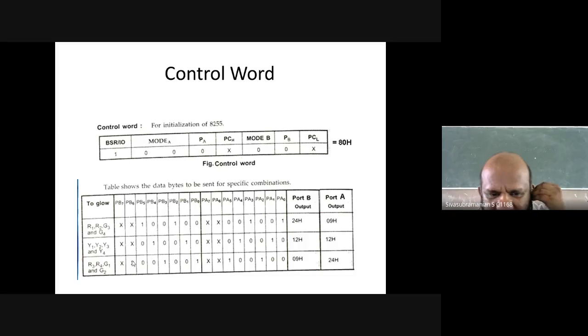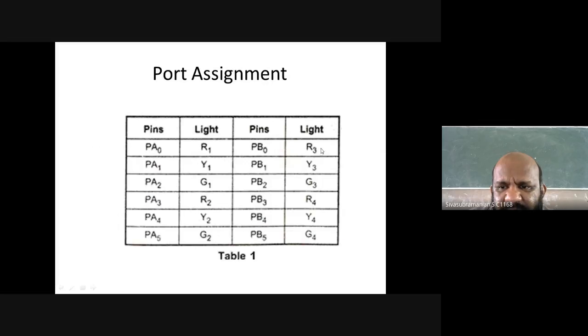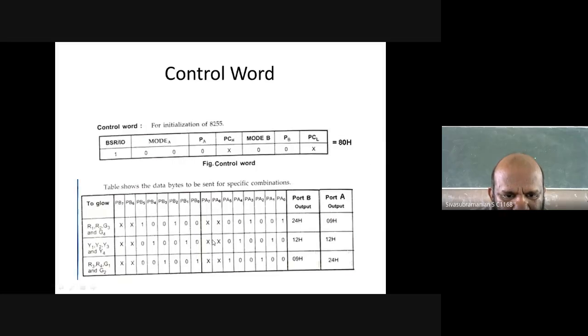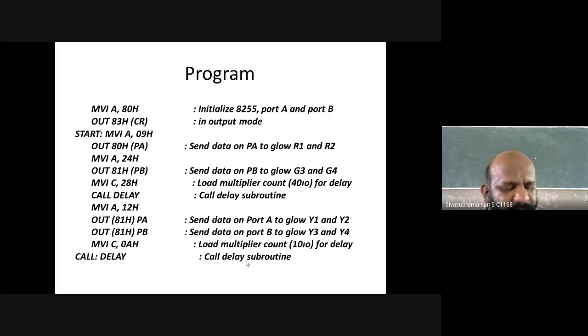So here, if I just look at this point of time, R3 and R4, PB0 and PB3 are supposed to be 1, and G1 and G2 are supposed to be 1. Okay, so that is nothing but PA2 and PA5. So that is how it is being done here, and its corresponding port A and port B values are marked. Okay. So after doing this is our program area, right?